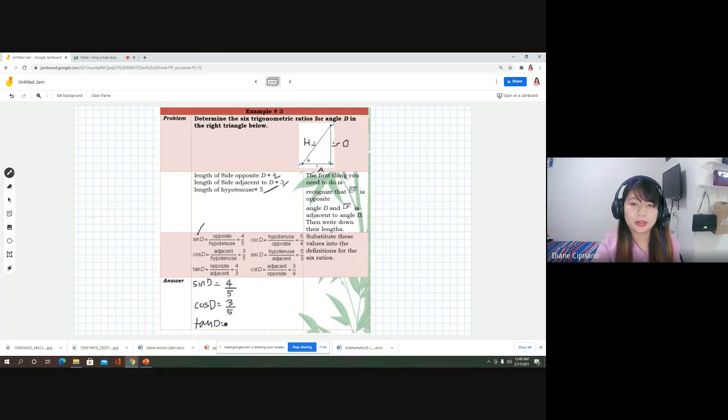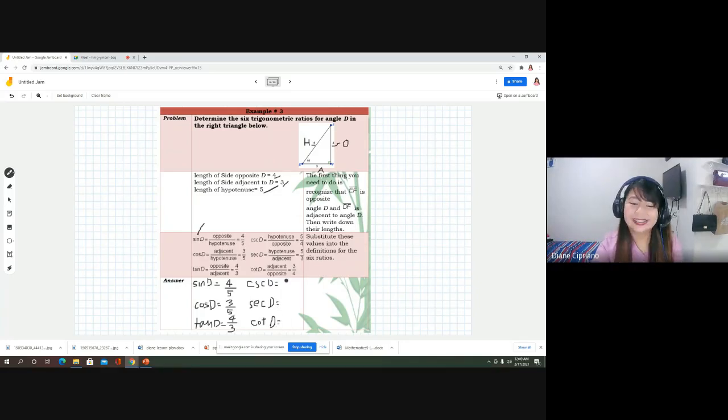So your opposite is 4 and your adjacent is 3. And again, its reverse, or yung kabaliktaran, is the cosecant, the secant, and then the cotangent. Of course, we are referring to angle D. I'm sorry about my writings, I don't have a mechanical mouse.